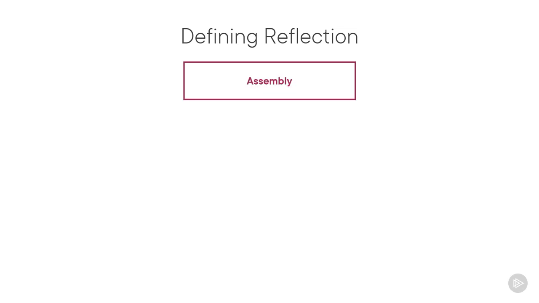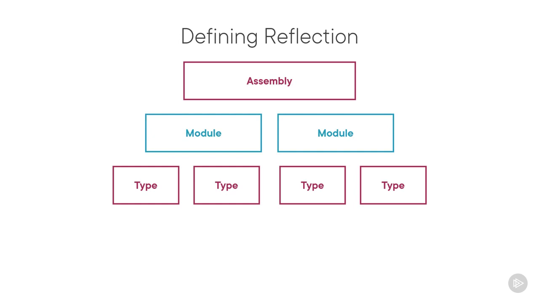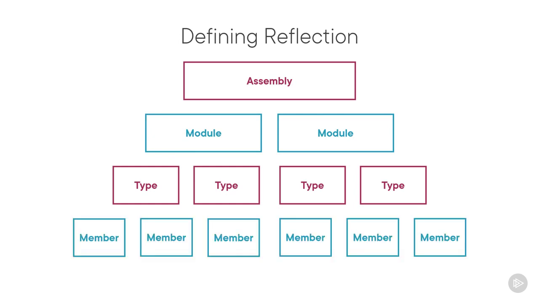Assemblies contain modules. Modules contain types. And types contain members. For some of you, that's probably well known, but even then, it is useful to look into this as we will encounter these concepts throughout the course. Assemblies form the fundamental units of deployment, version control, reuse, activation scoping, and security permissions for .NET-based applications.